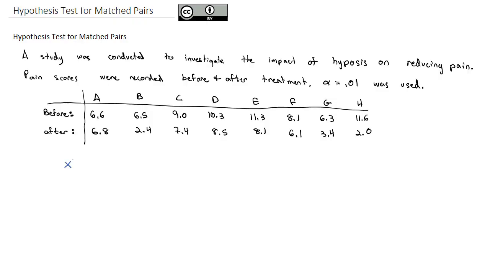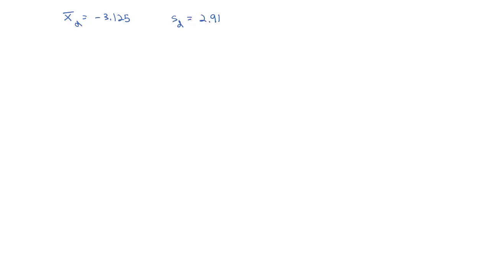So using Excel, we found out that the average difference was equal to negative 3.125, and that the standard deviation of the differences is about 2.91. With those values in mind, let's run through our hypothesis test. The first step is to actually define the hypothesis.